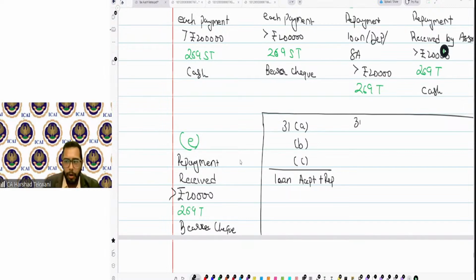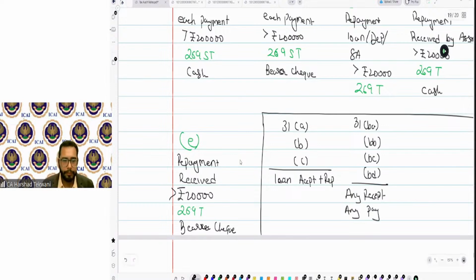When I talk about 31 BA, BB, BC, and BD, they talk about any receipt or any payment. And when I talk about 31 D and E, I am talking about repayment received.